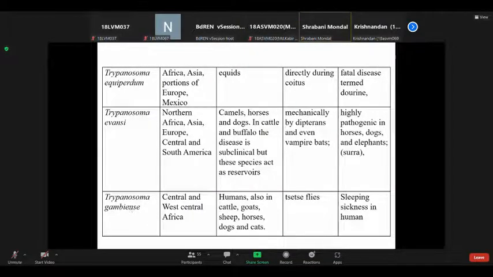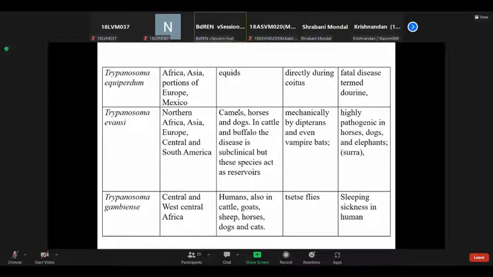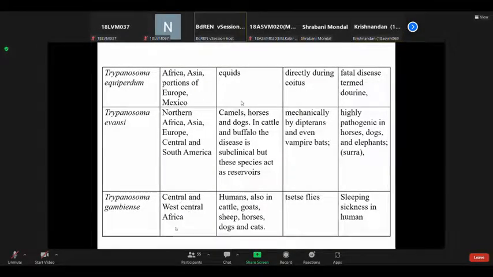The next one, Trypanosoma gambiense. Central and West Central Africa. You should have an idea of the geography of Africa. So Central and West Central Africa.